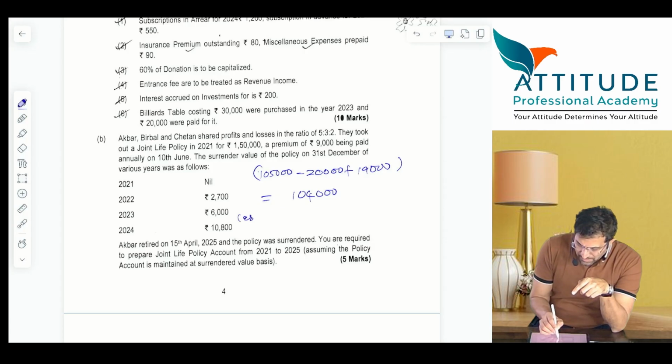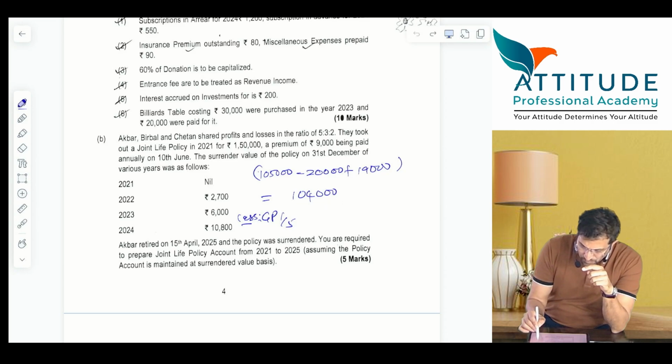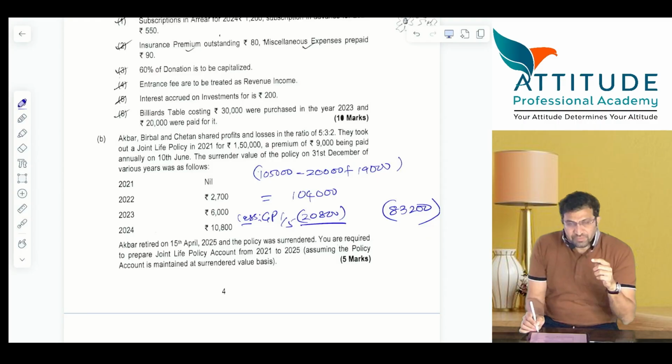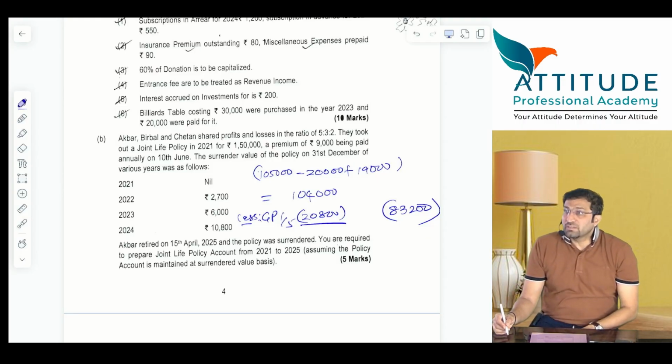From this, less GP. How much is GP? 1/5. Why 1/5? You understood? Because 1,04,000 is the selling price. Understood? 1/4 on cost. 1/5 of 1,04,000 is how much? 20,800, minus it. In the outer column, 83,200 minus will come. This is a less item. Understood?